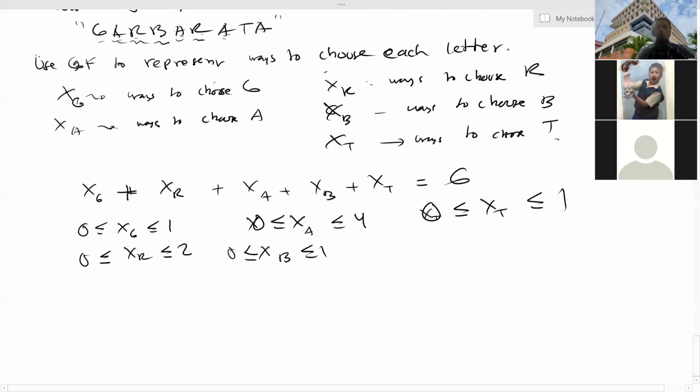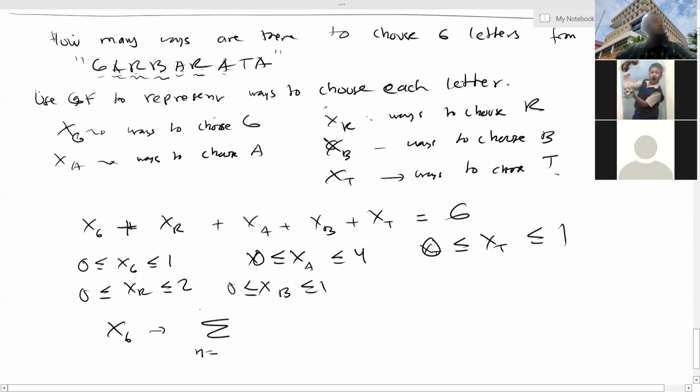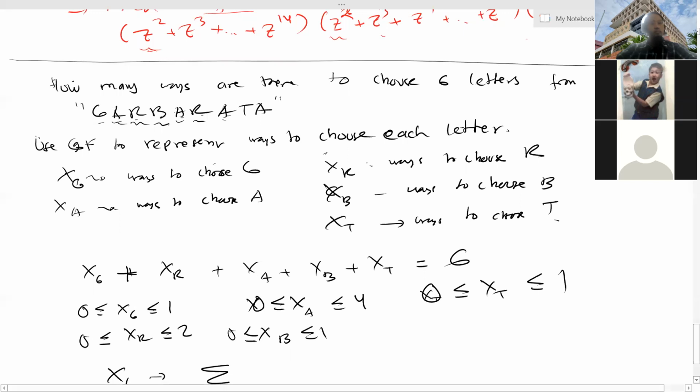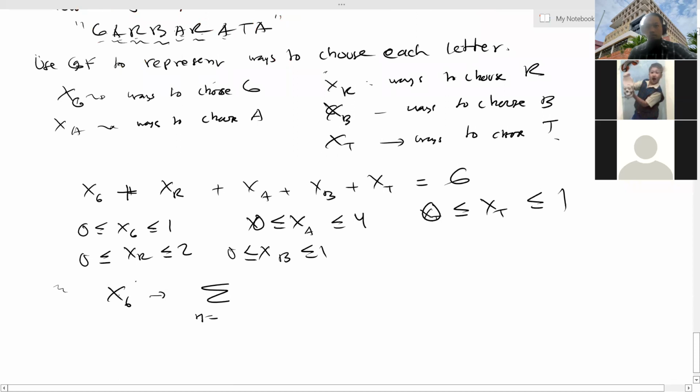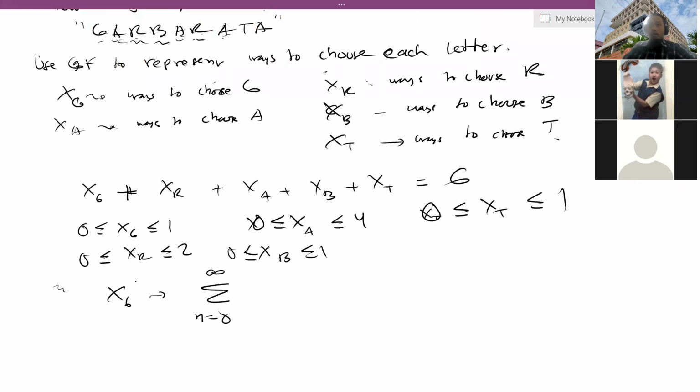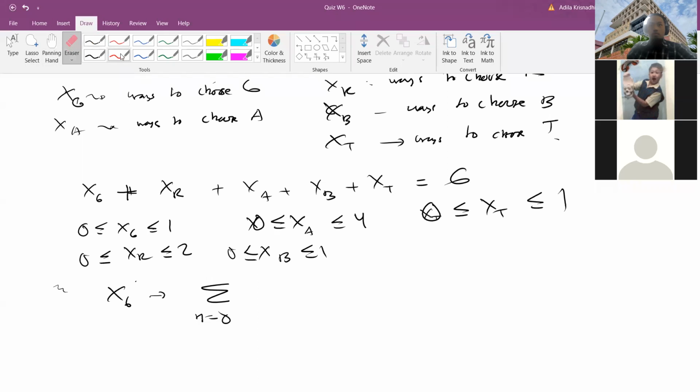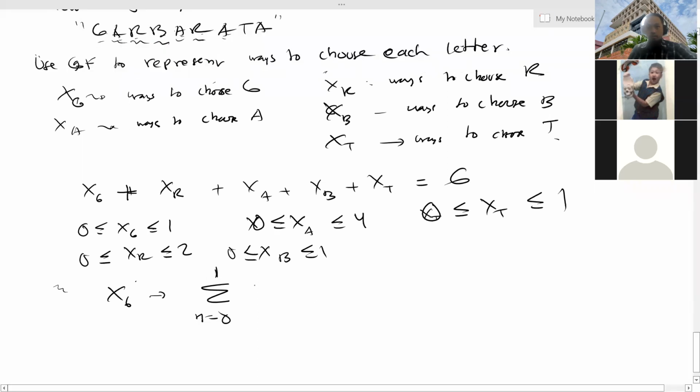Essentially, the choices for XG can be represented by the generating function sum of n from 0 to 1, sorry, not to infinity, from 0 to 1, of z to the power of n over n factorial.